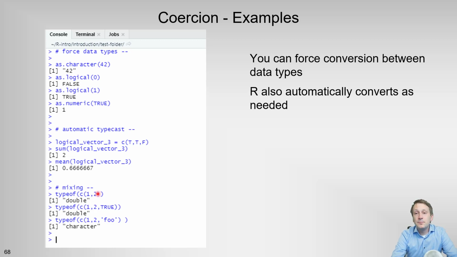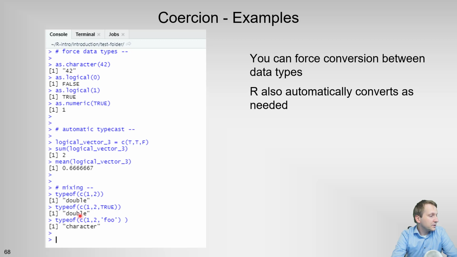So what happens when you mix different types? When you check the type of a vector 1 and 2, it is a double. As I said before, if you want it to be an integer, it would need to be 1L and 2L. But okay, so here we have a vector of type double with elements 1 and 2. But let's say we add another element to this vector that's a logical, so true.